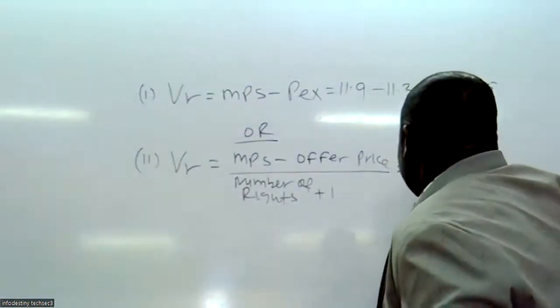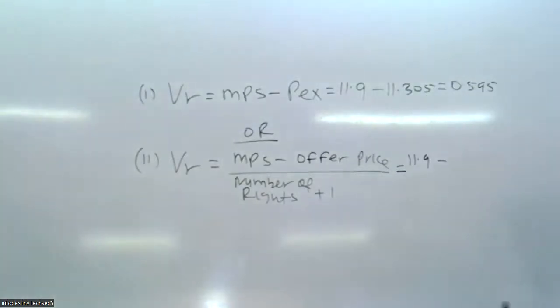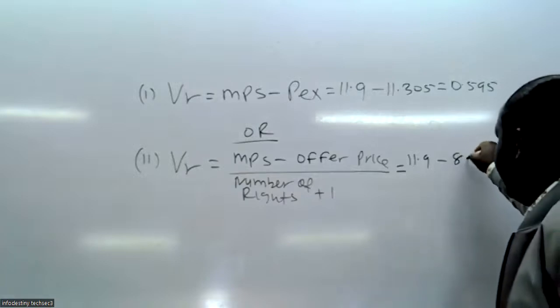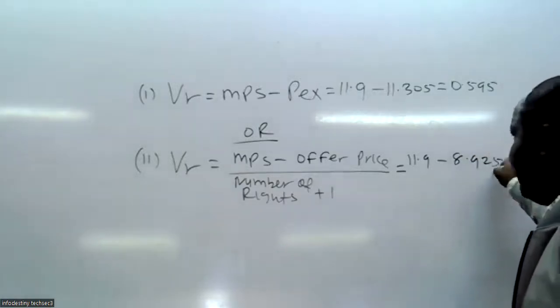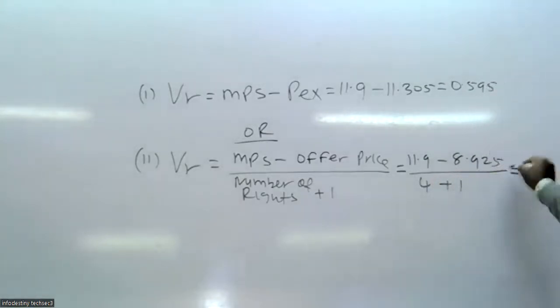So market price per share is 11.9. We also computed the offer price. Offer price was 8.9. The number of the rights are 4, then you add 1.